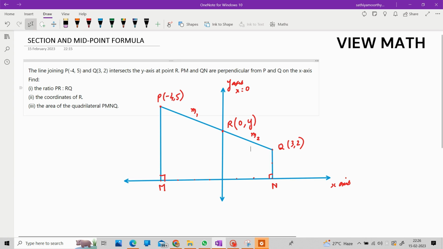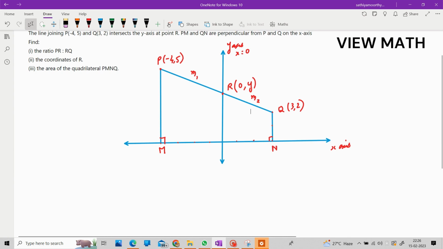First they are asking us to find the ratio m1 is to m2. So let me start. Solution.